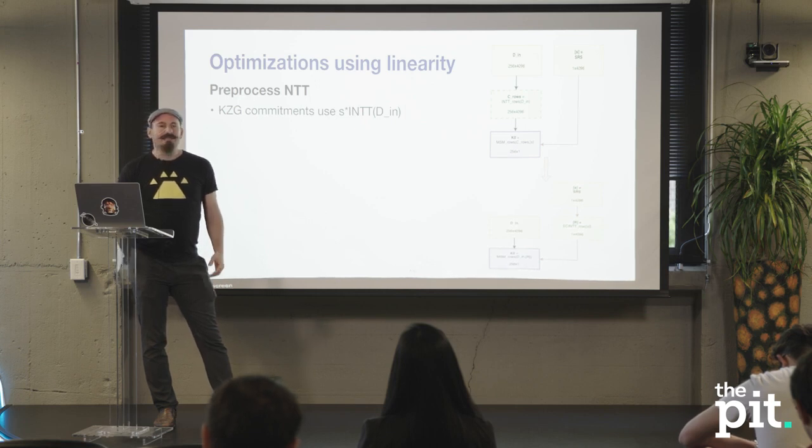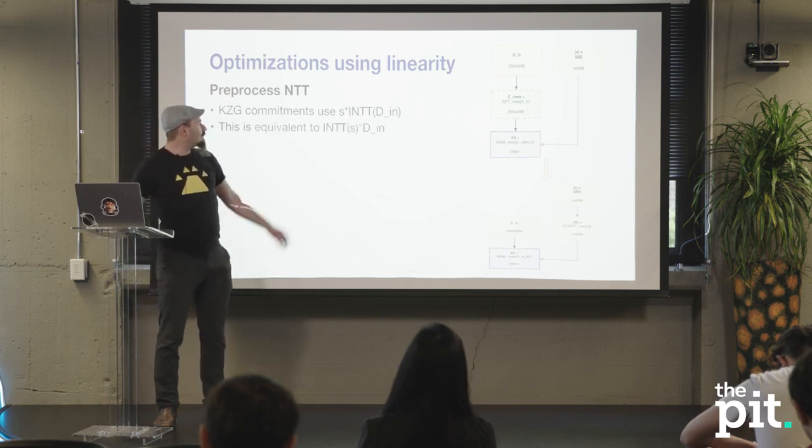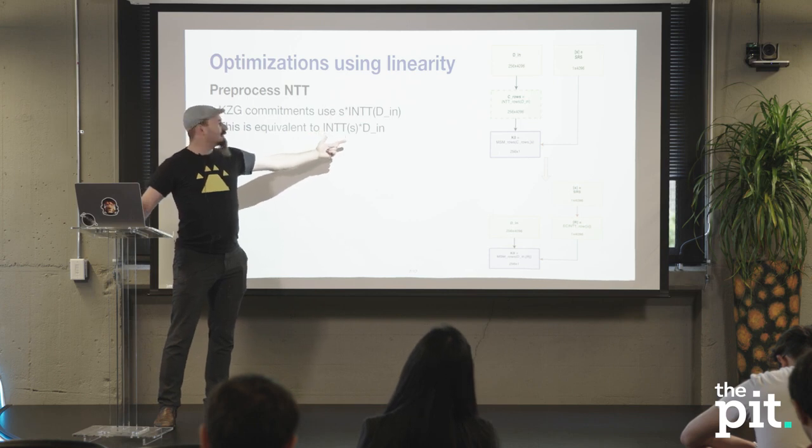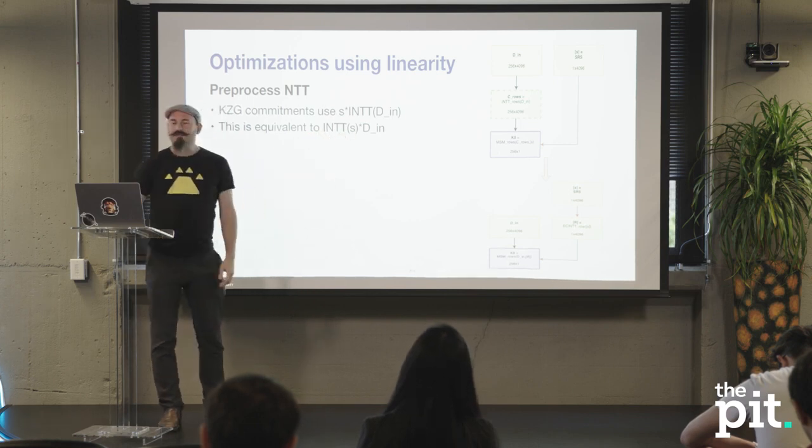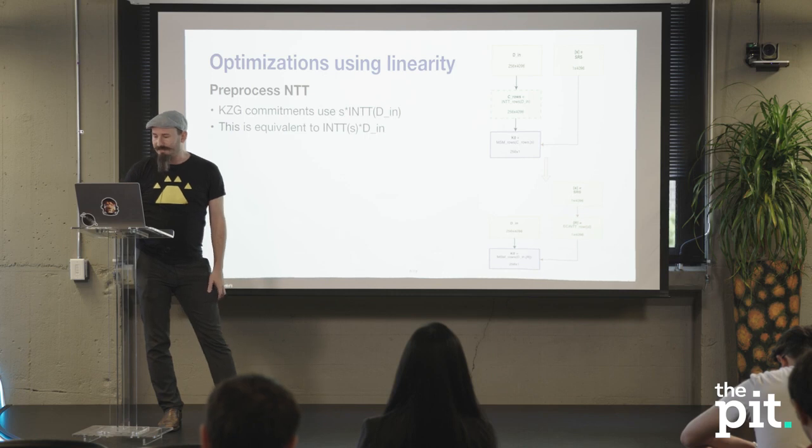Since the inverse NTT is just multiplying with a matrix, and this is a symmetric matrix, we can multiply with the matrix on the left, on S, and actually do the inverse NTT of S and multiply that by the data.